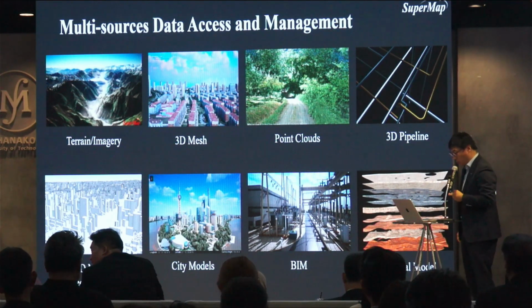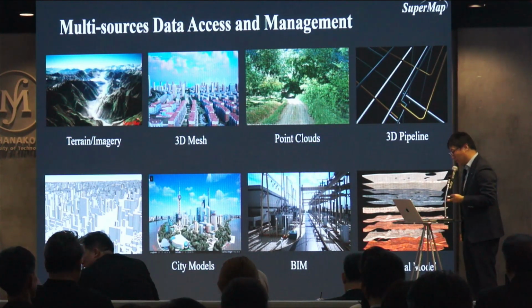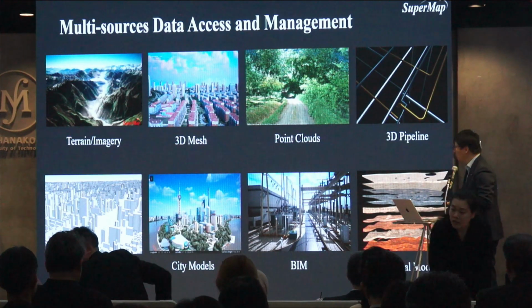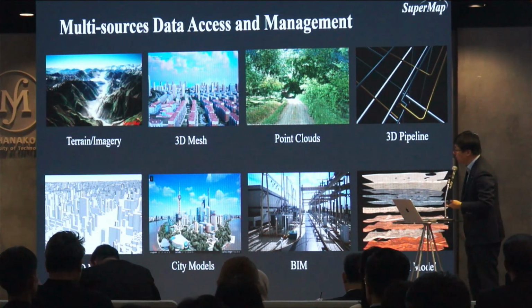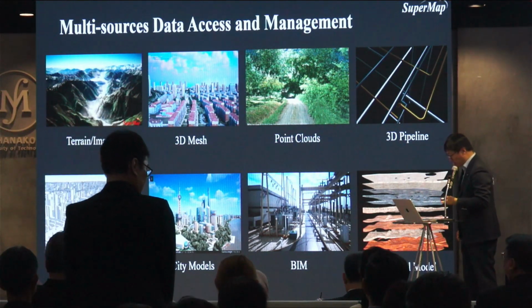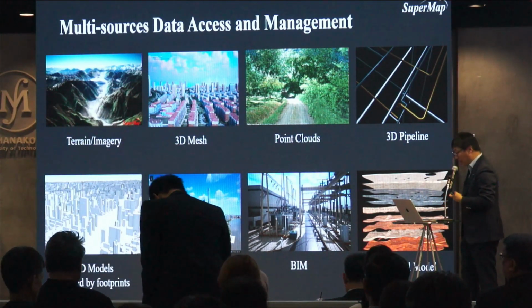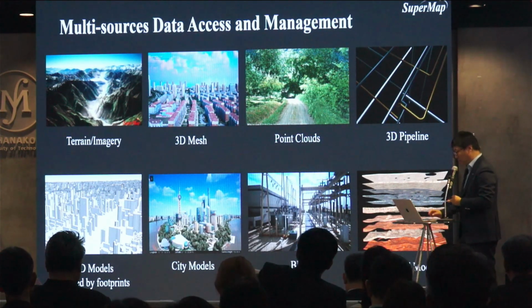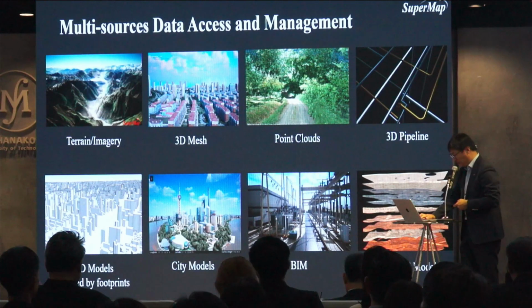At present, our data management capabilities cover many different data types, such as terrains, images, 3D mesh, and point clouds, and the increased data storage has put forward higher requirements for the efficient management of all kinds of data.